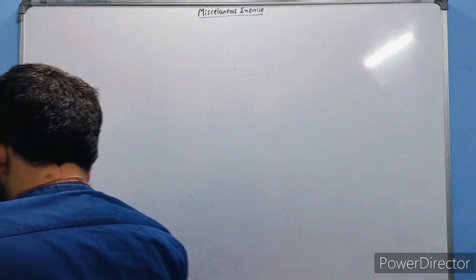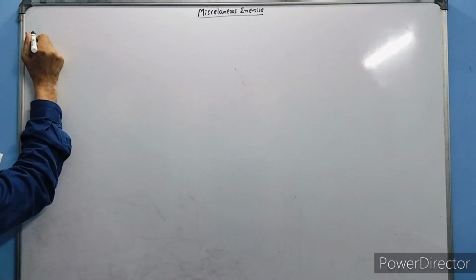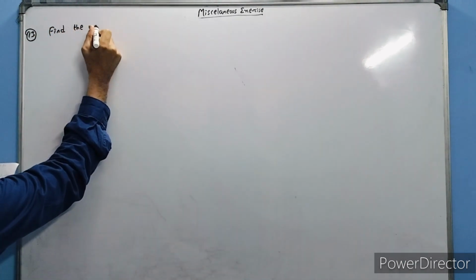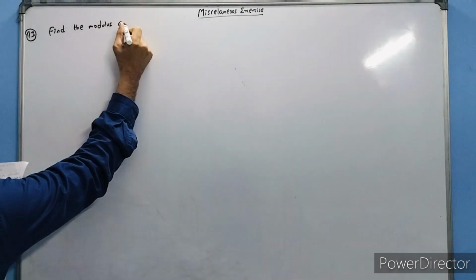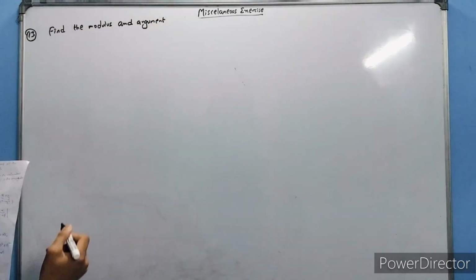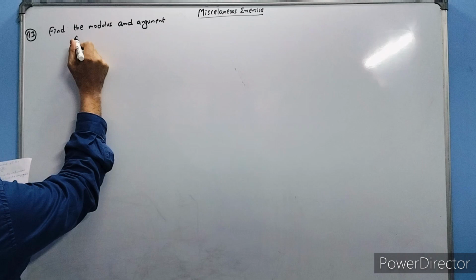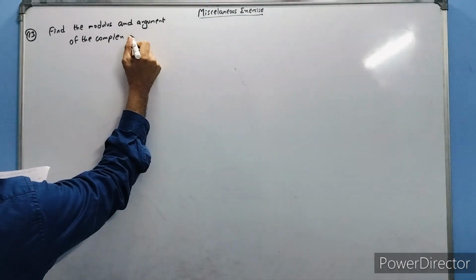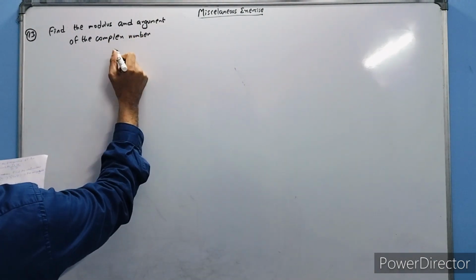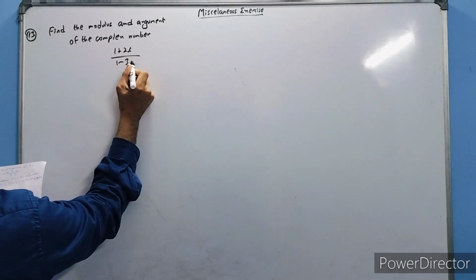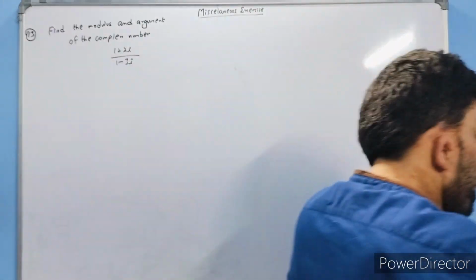The 13th question is in a very simple way, we need to find the modulus and argument of the complex number 1 plus 2i upon 1 minus 3i. So we need to find the modulus and argument of that given complex number.